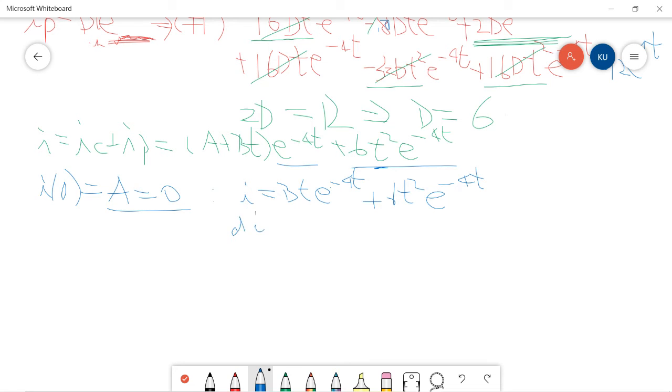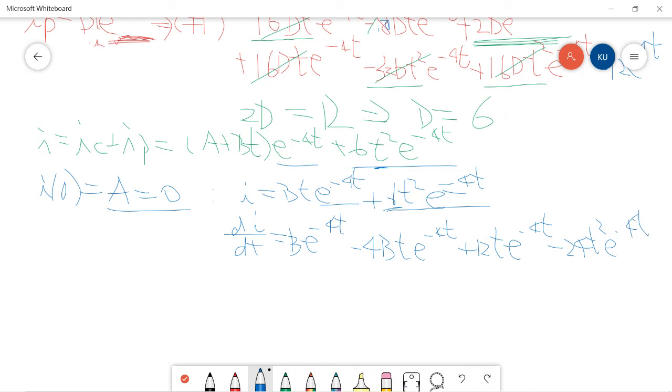And then we would like to calculate the first derivative of I. So it will be b exponential to minus 4t. And then the first derivative of this one, which is minus 4bt exponential to minus 4t. And then the first derivative of this one, which is plus 12t exponential to minus 4t, and then 6 times minus 4, which is minus 24t squared exponential to minus 4t.